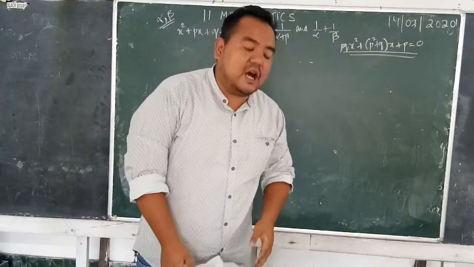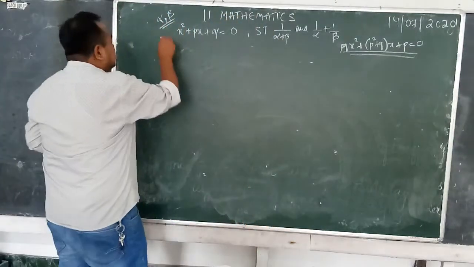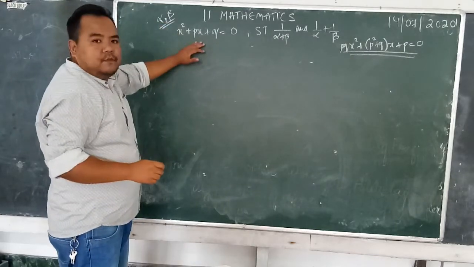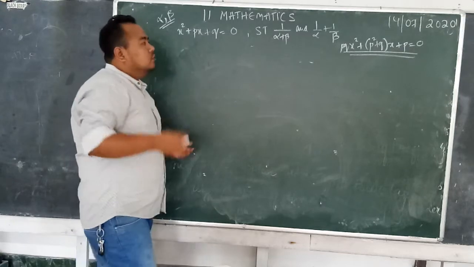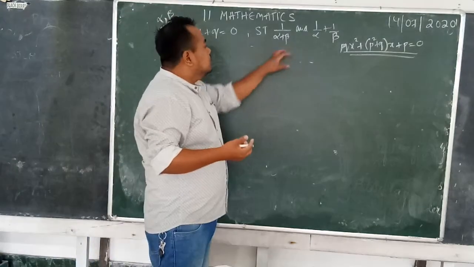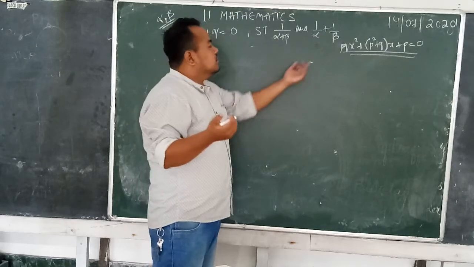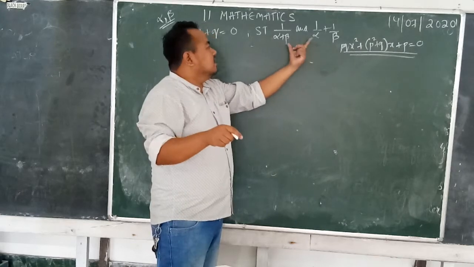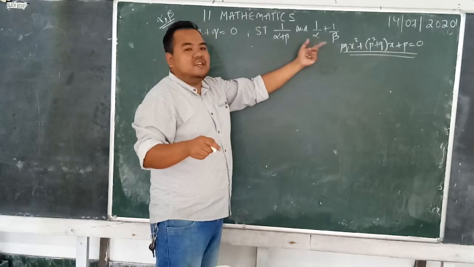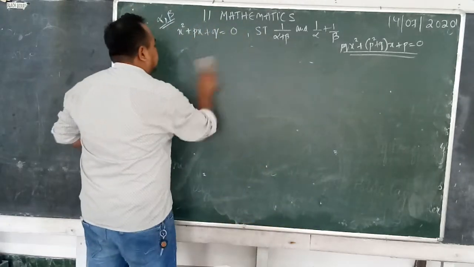Let me explain how you are going to solve this question. As I have already told you, the question says alpha and beta are the roots of this equation. So I can find out the corresponding relation 1 and relation 2. Next, I am going to use these two roots and find an equation, and the equation which we get must be equal to this. What does that prove? It simply proves that these two roots are the roots of this particular expression.